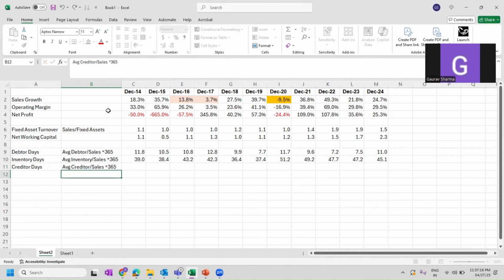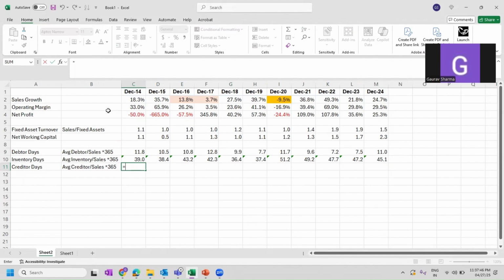Ideally, we would want this time to be as stretched as possible. Why? Simply because you'll enjoy the benefit of liquidity, you'll earn interest on the money that you have not paid, and ultimately your liquidity would improve. All right, so let's calculate this.